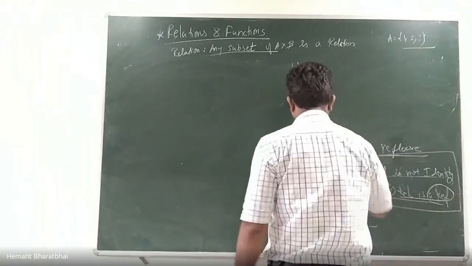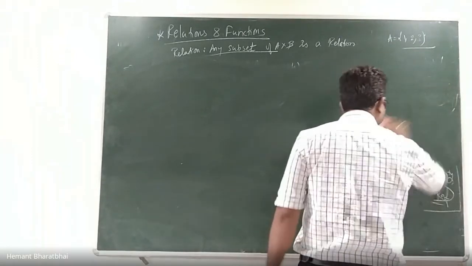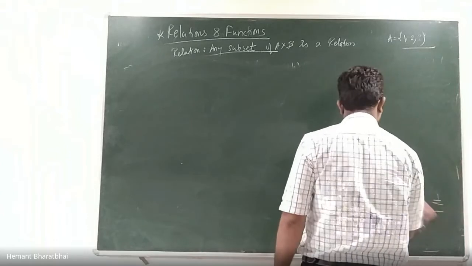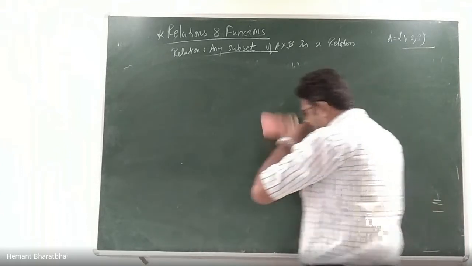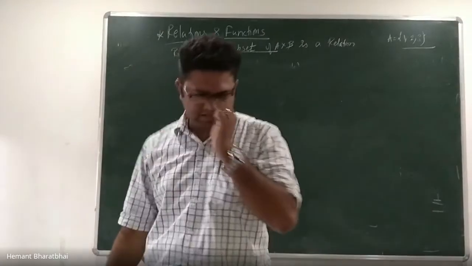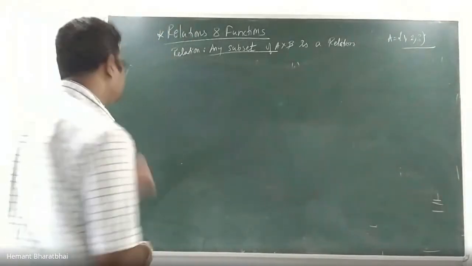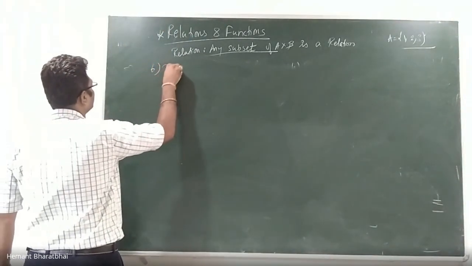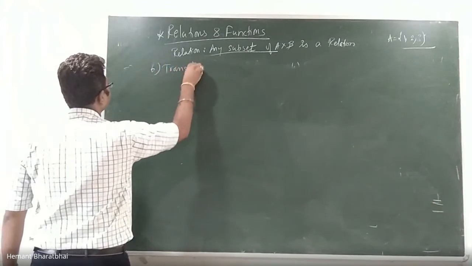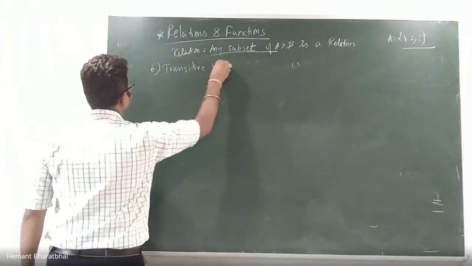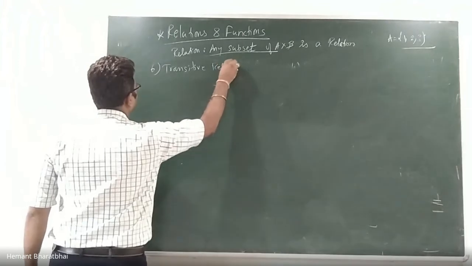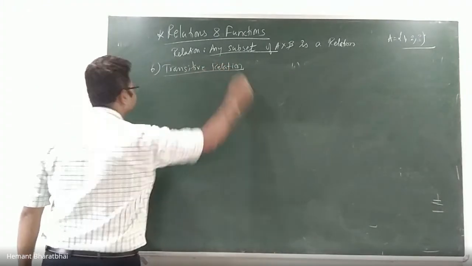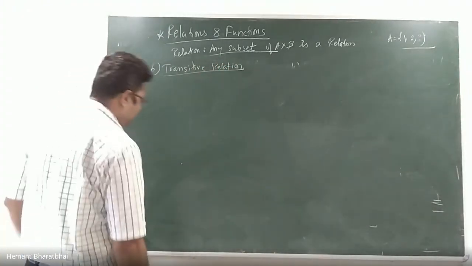Taking the same set 1, 2, and 3, for that only I have defined identity, reflexive, and symmetric. And now I'm going to define the next. The next type of relation is the transitive relation. This is an important one.